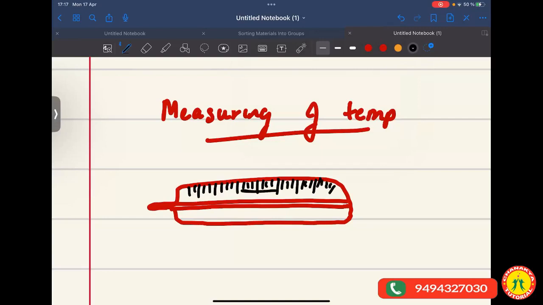Where is mercury? It is here, here, or here? 1, 2, or 3? Ma'am, one. Where is mercury? 1, 2, or 3?